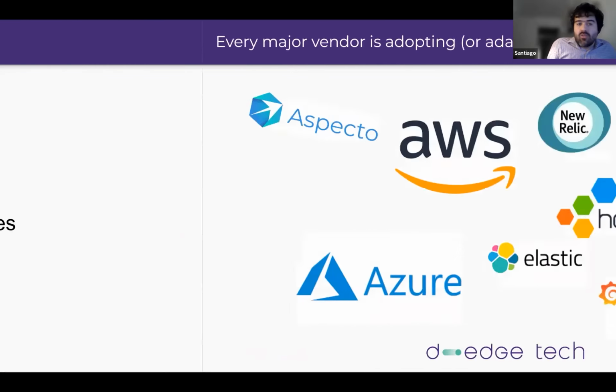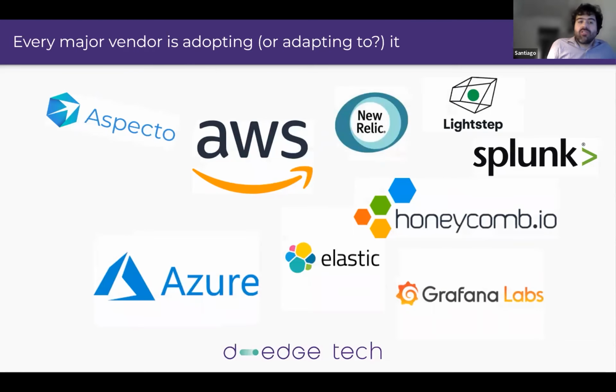And yeah, so all the major vendors are adopting it, or maybe adapting to it, because it's the standard, everyone is using it, everyone wants to use it, and the major languages had already implemented the basics.